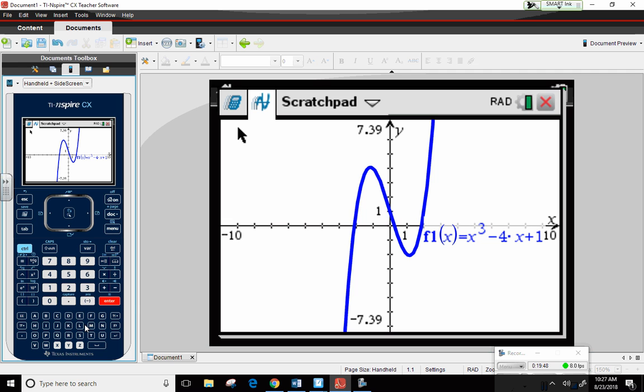Okay. Now, what I'm interested in is first finding this guy right here. Okay. Now, how would I classify him? Is he a relative maximum or a relative minimum? He's a relative maximum. Because if I put an interval around him, he's definitely not the largest, but he is a mountaintop.